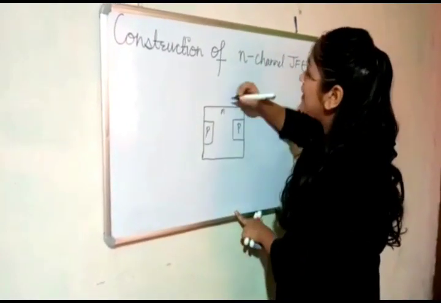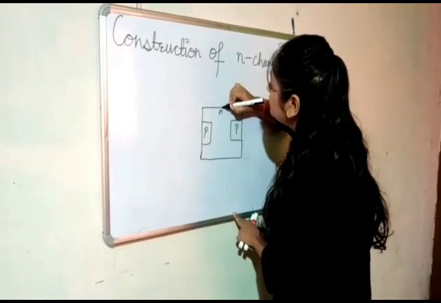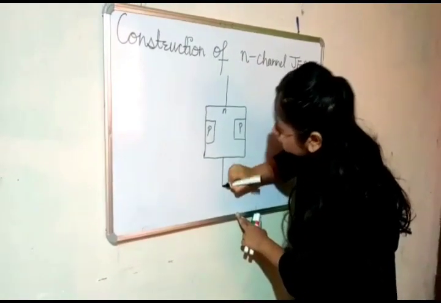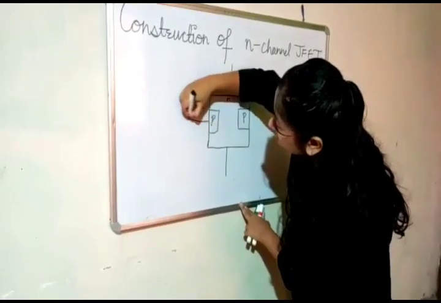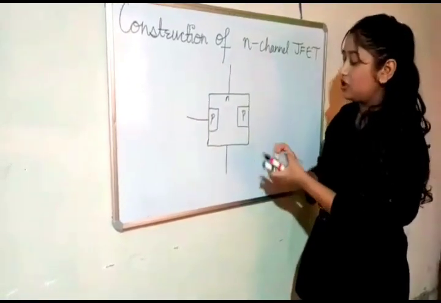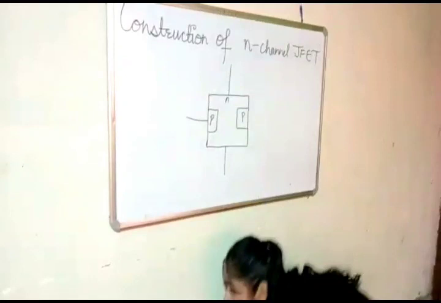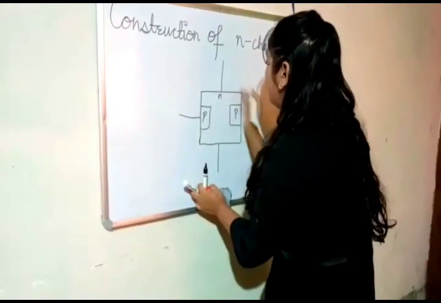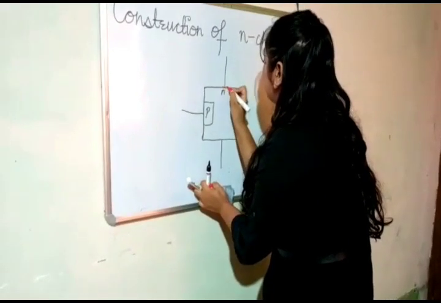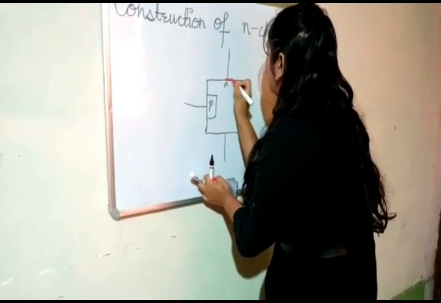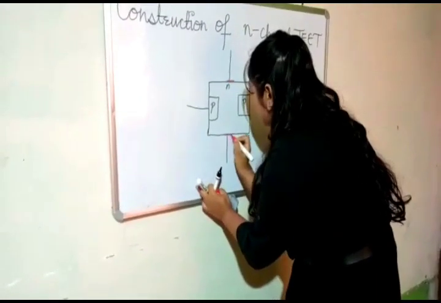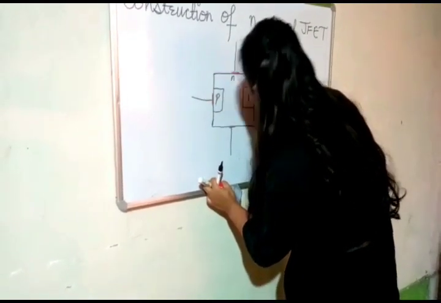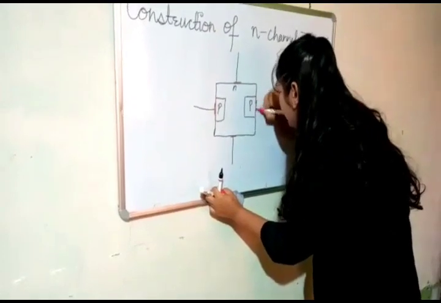We know that in JFET there are three terminals: 1, 2 and 3. In this structure we can see that there are 4 ohmic contacts. This one is our first ohmic contact, this is our second, third and fourth ohmic contact.